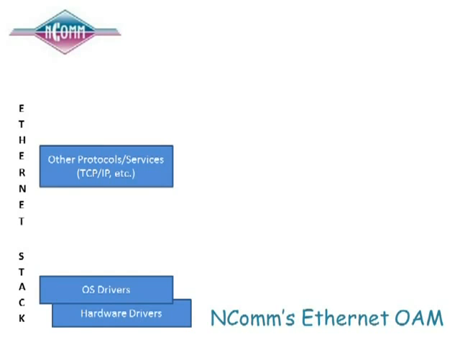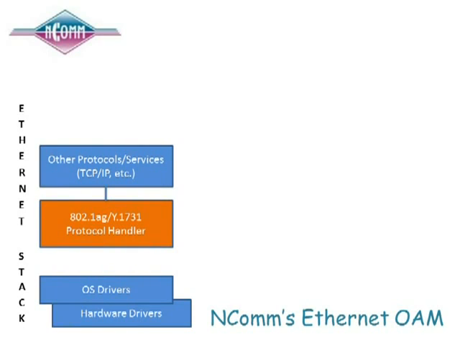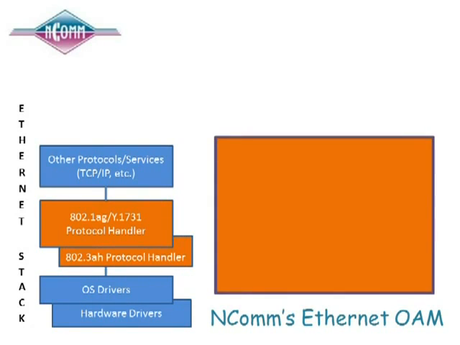Depending on your requirements, there may be one protocol handler for 802.1ag and Y.1731, and one for 802.3ah. The protocol handlers deliver and receive packets from the Ethernet OAM modules. The NComm Ethernet OAM software will conform to the relevant portions of each standard and include functions as specified by the standards. 3 modules are currently available.